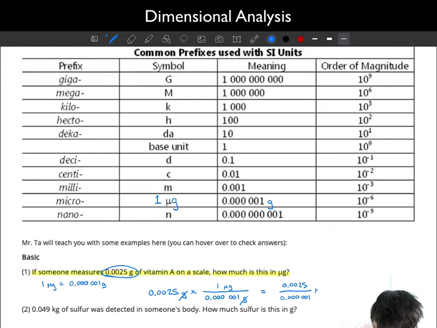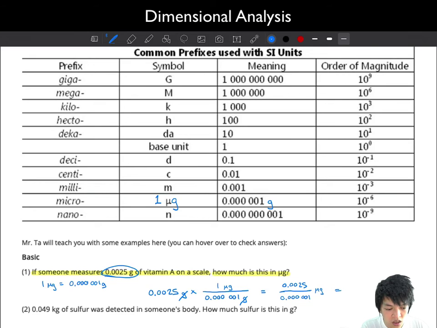The unit, of course, is micrograms. Now, this is still a fraction, so I want to complete this answer. To complete the answer with a fraction, all you have to do is divide the top number by the bottom number.